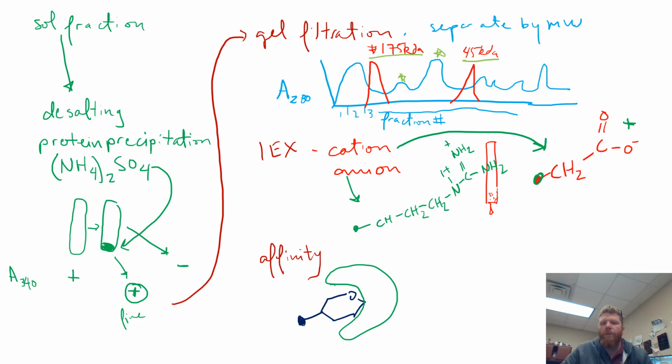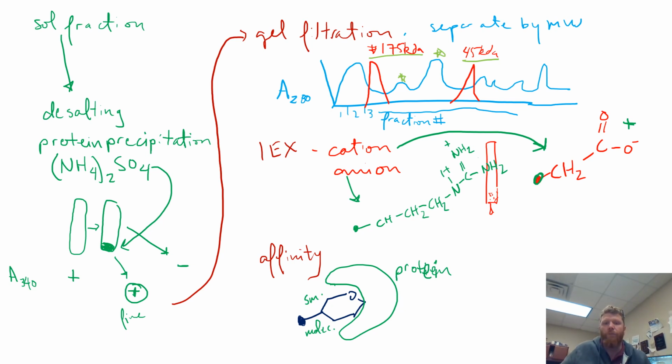So affinity chromatography works based on interactions between molecules. For our sakes, we say protein and a small molecule. So that's one of the key points of ion exchange chromatography, affinity chromatography, and gel filtration chromatography.